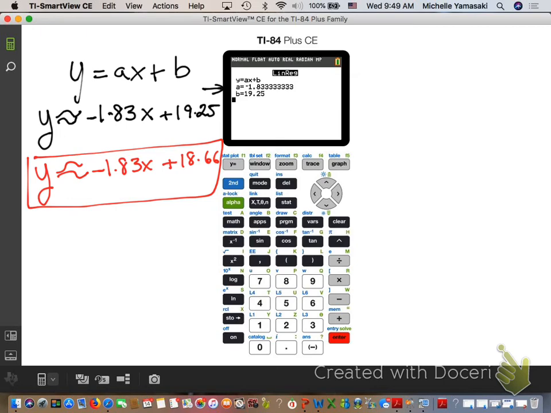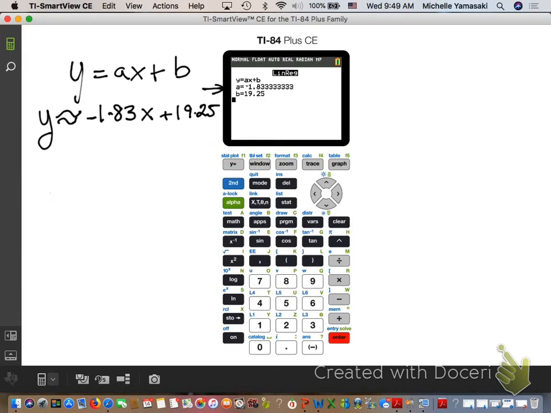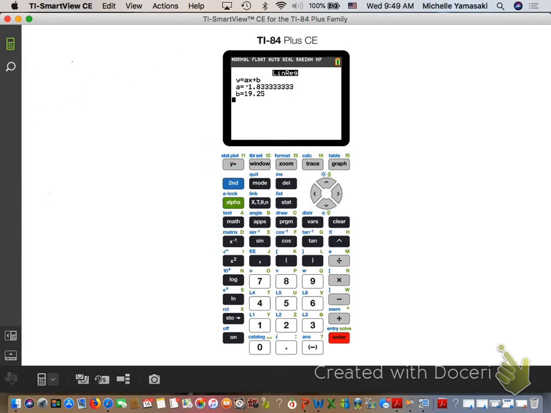Now, so it's plus 19.25, right? If I want to get that line of best fit in there on the graph, I go to y equals.